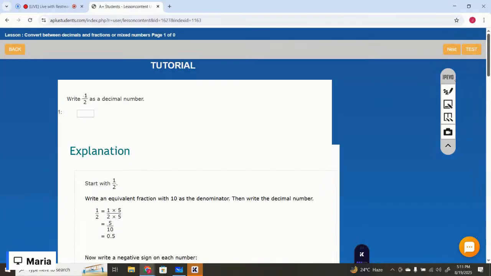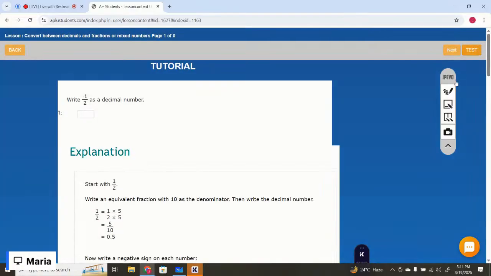That is negative 0.5. Let's just start with the test questions.